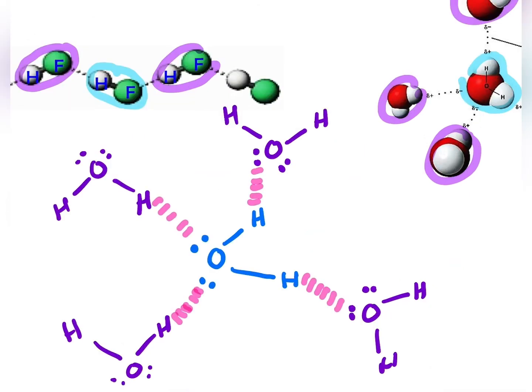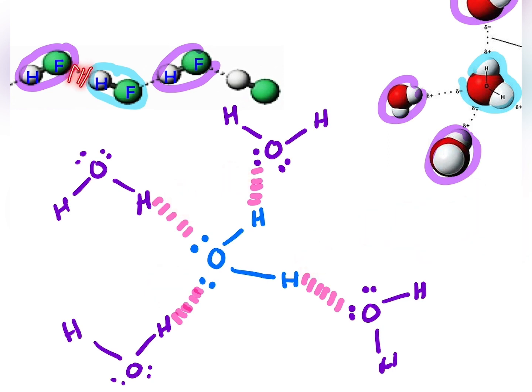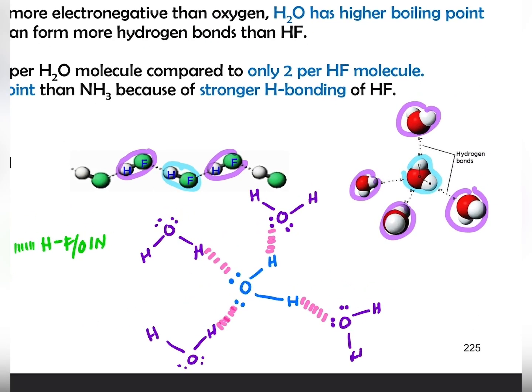You can see you have here 1, 2, 3, 4 hydrogen bond, which is more compared to HF hanya ada 2 hydrogen bond. So that is why water molecule will have higher boiling point compared to HF.